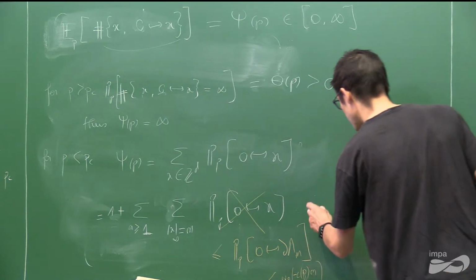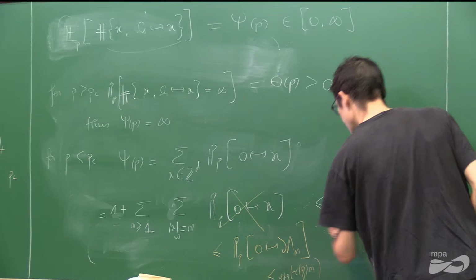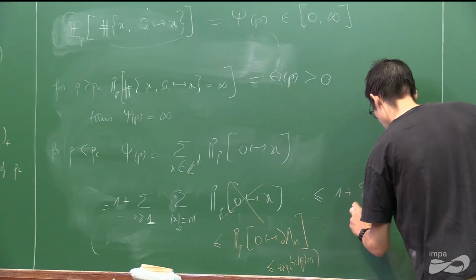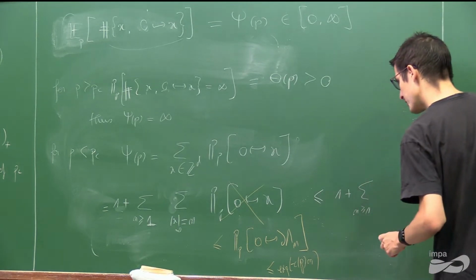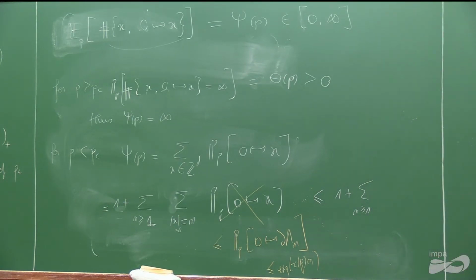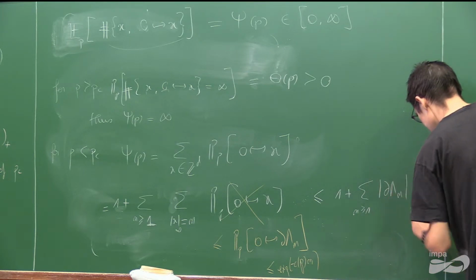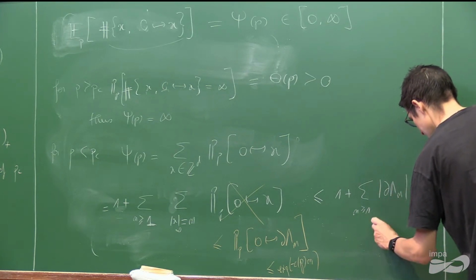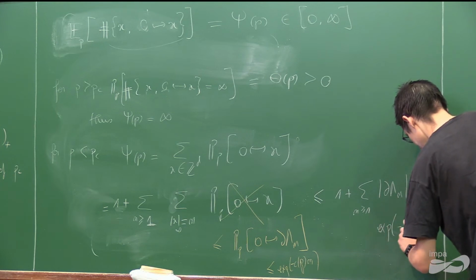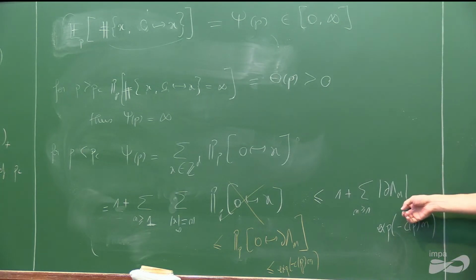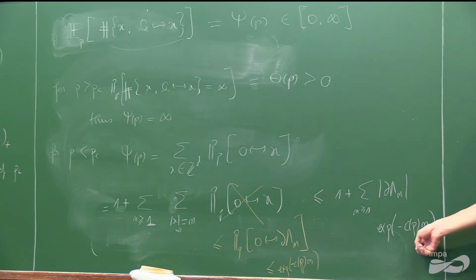So what we get out of this is that this sum is smaller than 1 plus the sum over n larger than 1 of the cardinality of this times exponential minus c_p n. The cardinality grows like n to the power d minus 1, and this is exponential. So the sum is finite.